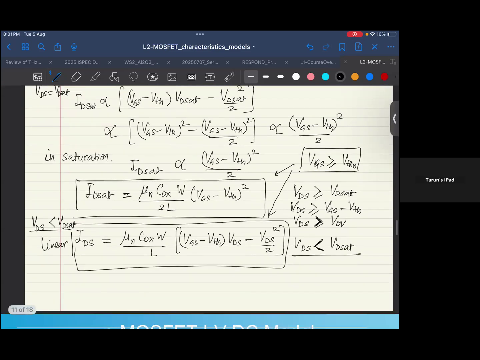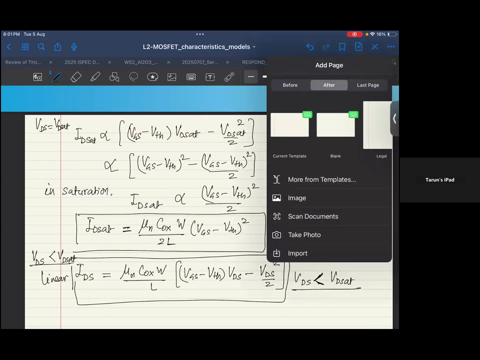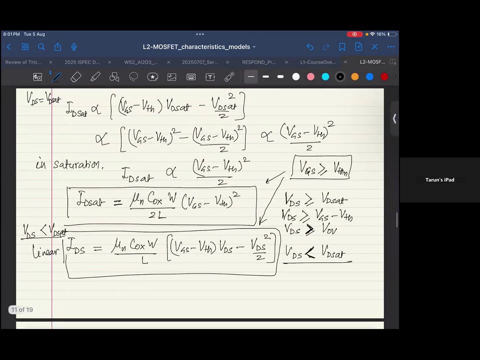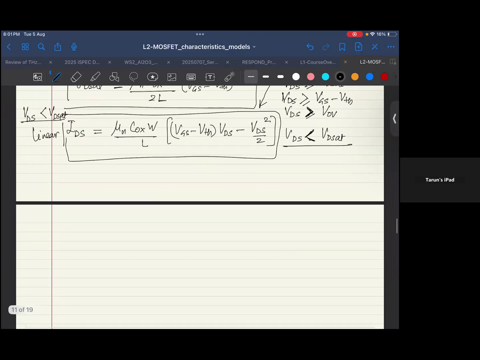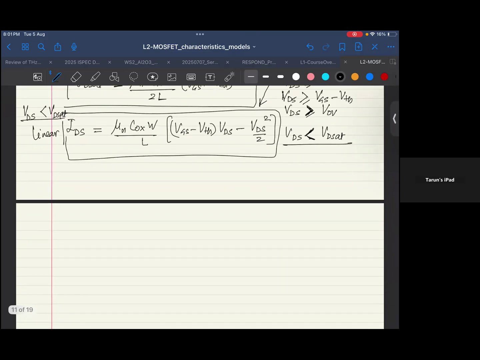Okay. And in the case of PFET, the sign would change and everything else would remain the same. We just swap the source and the other node. So in the linear region, we are writing for PFET, right? Your ISD becomes equal to mu P Cox W by L. And what would we do?